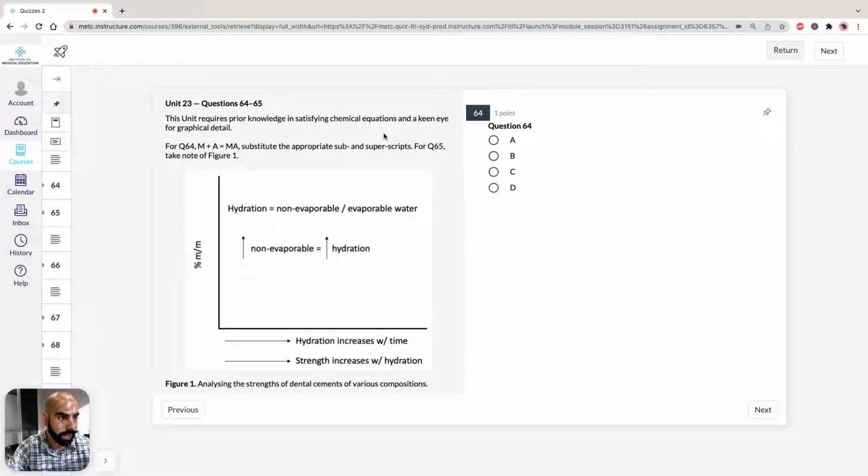It gives us an example of mixing a divalent metal ion with a divalent anion, and it gives you that equation. So if we just write it quickly, I'll write M plus A. They've shown in the equation provided in the stimulus: MA plus water.